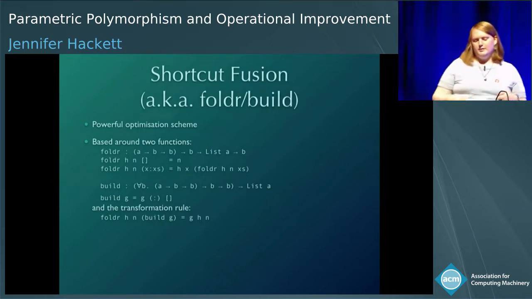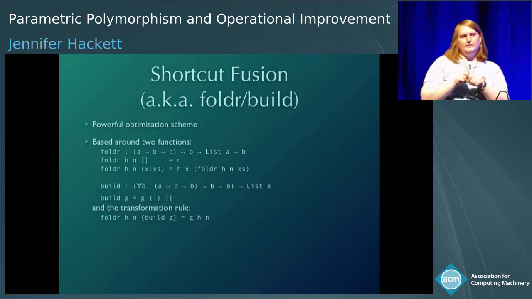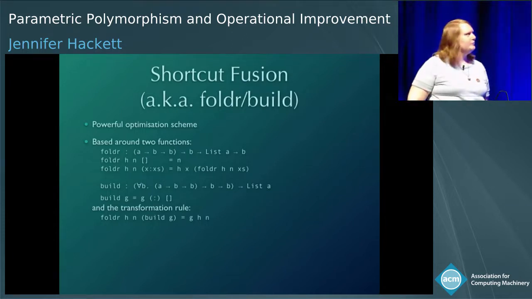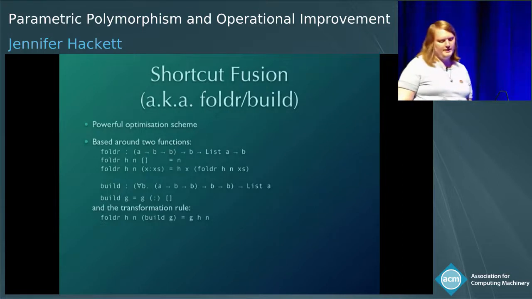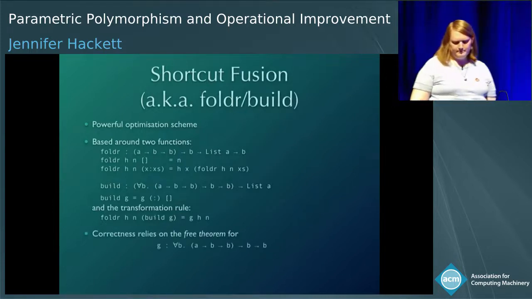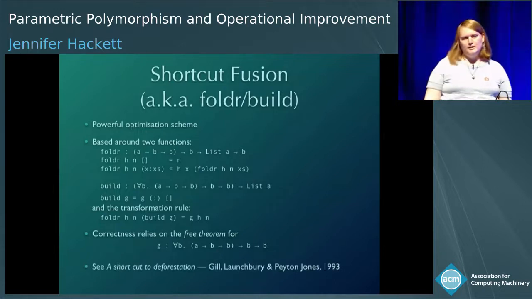The transformation rule says that if you create something and then destroy it, you didn't need to create that intermediary list. You can just optimize it away. But how do you prove that? Because on the face of it, that depends on what g is actually doing. In order to prove it, you need to rely on the free theorem for g. And there's a reference there if you're interested in reading more about that.